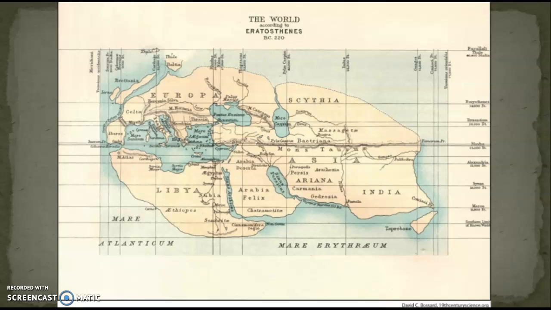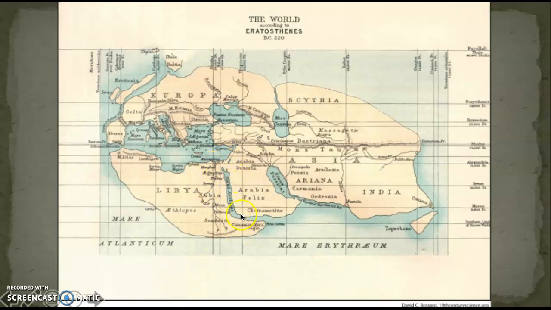This is a chart reproduced in your book, one of the early charts produced in the Mediterranean Sea area. This is Eratosthenes, who was in Egypt and worked probably through the Library of Alexandria, basically collecting information from traders who were passing through Egypt.